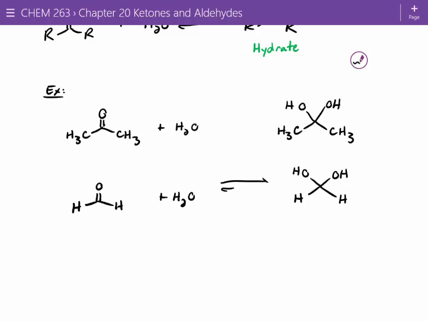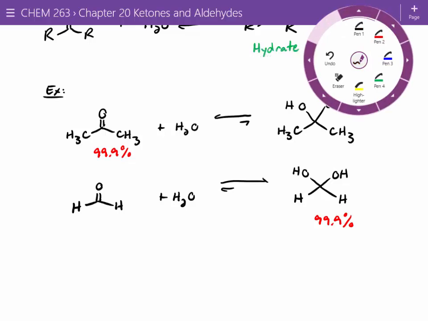And interestingly, with the acetone, the trend is reversed. In fact, with the acetone, you stay as 99.9% acetone. For formaldehyde, you'll end up as 99.9% hydrate. So this, again, is an example of hydrate formation where the balance of the equilibrium depends not only on the strength of the nucleophile, but the reactivity of your electrophile.